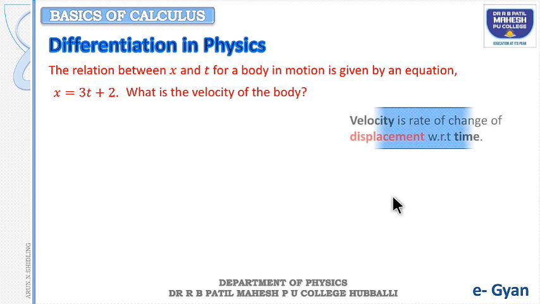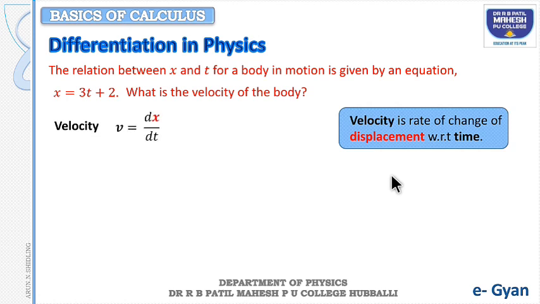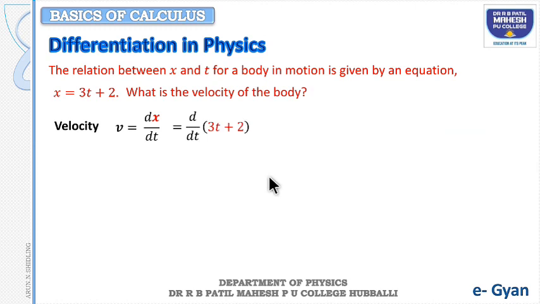To understand that, let us understand the definition of velocity. Velocity is rate of change of displacement with respect to time. So I can write it like v is equal to dx by dt. Just substitute the value of x in the equation to get d by dt of 3t plus 2.